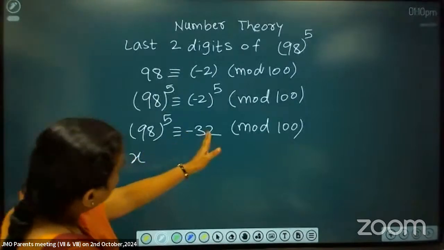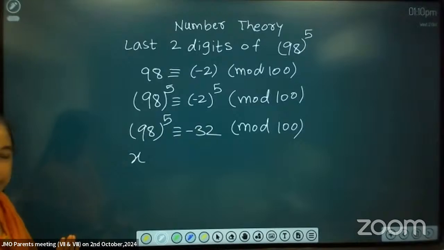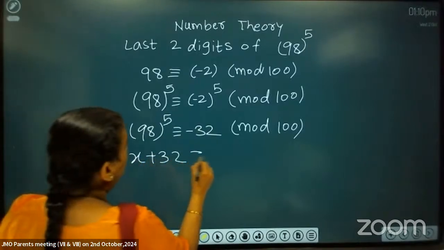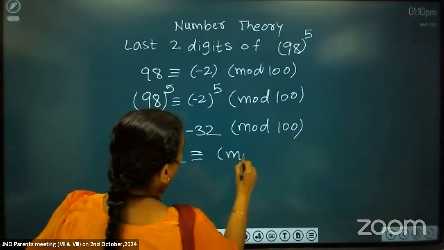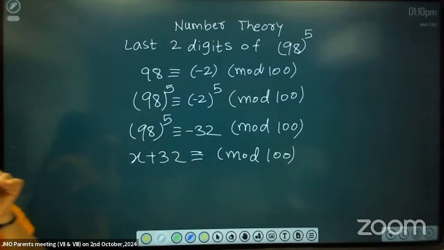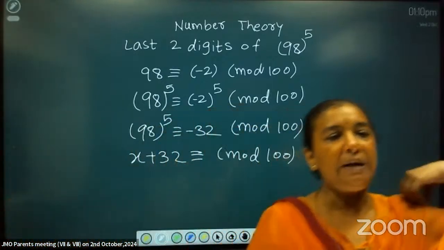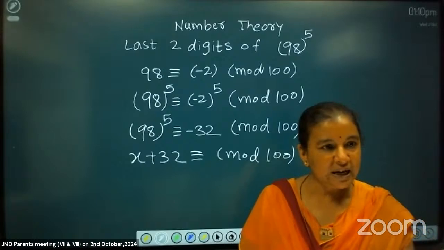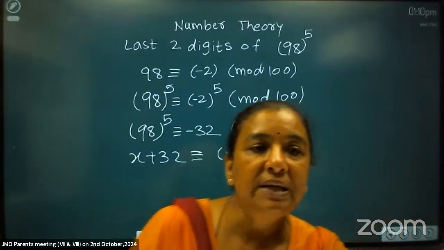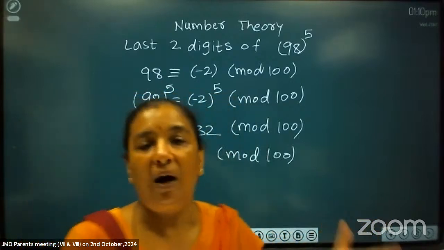Now minus 32, I take it here, so I will write x plus 32, and here it is mod 100. It means x plus 32 is completely divisible by 100. You understand what I am saying? x plus 32 is completely divisible by 100.